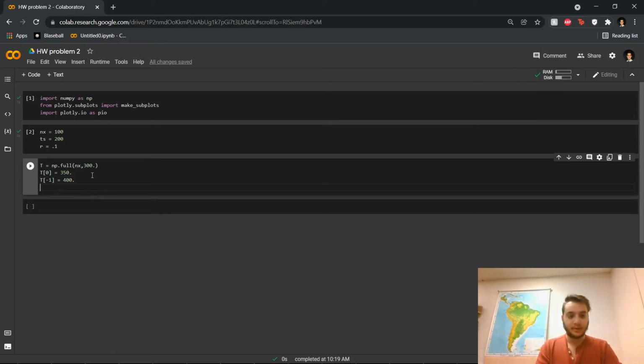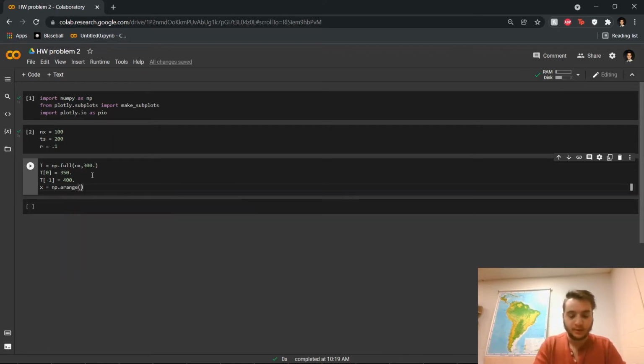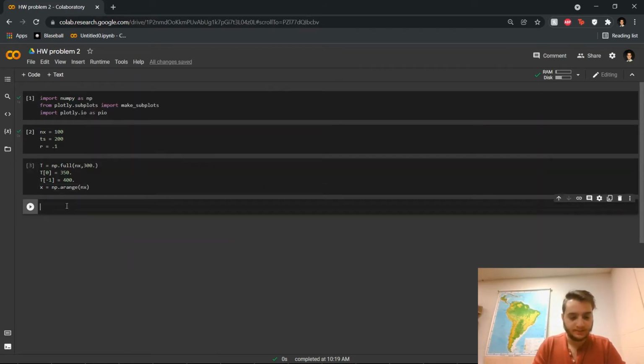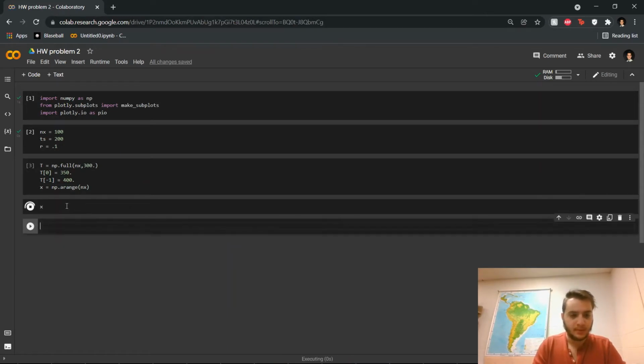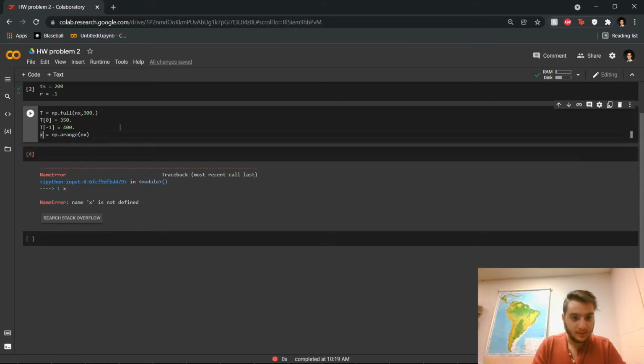Okay, then we need an x value if we're going to make a plot. So we say x is equal to np.arange(nx). So if we plot x, it is defined. Alright, then shift enter.